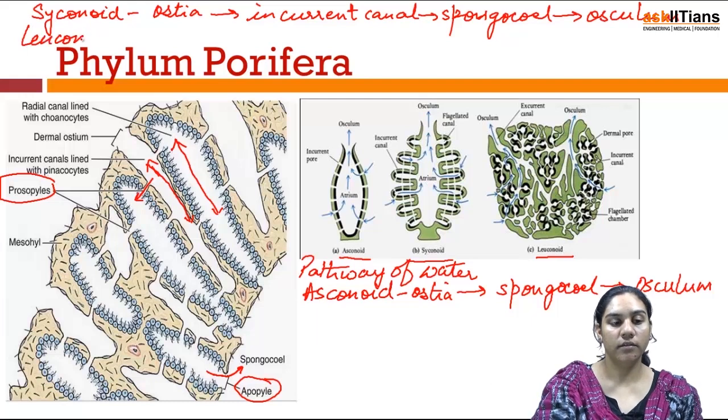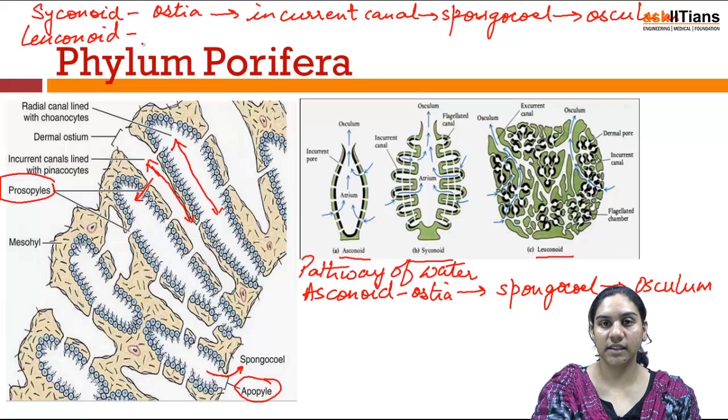The leuconoid canal system is the most complex and the most efficient one also.